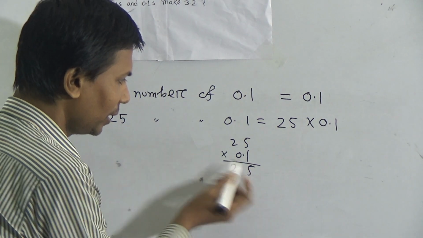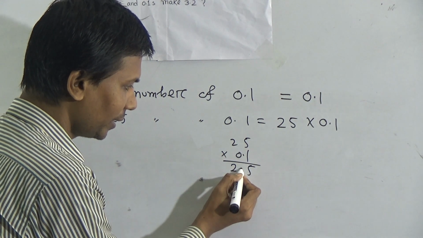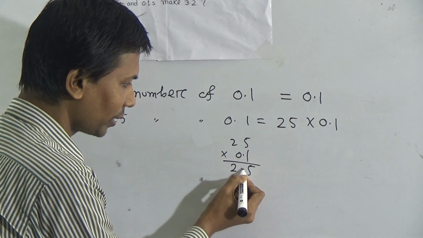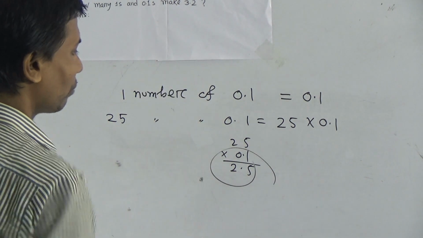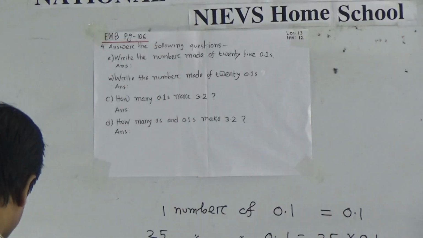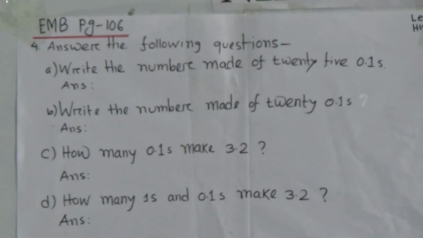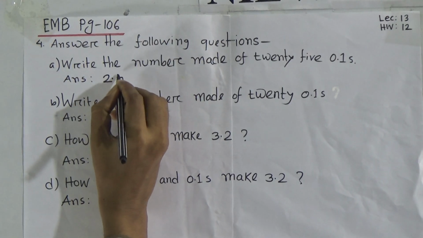That means we have got the result 2.5. Right here, the answer to A is 2.5.